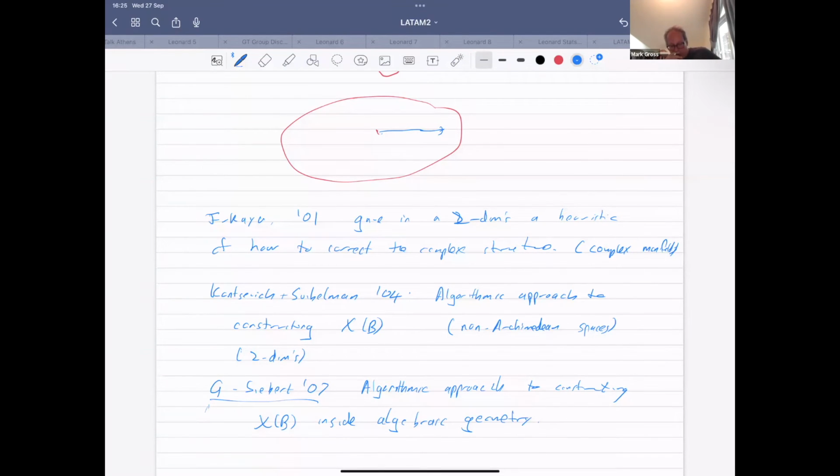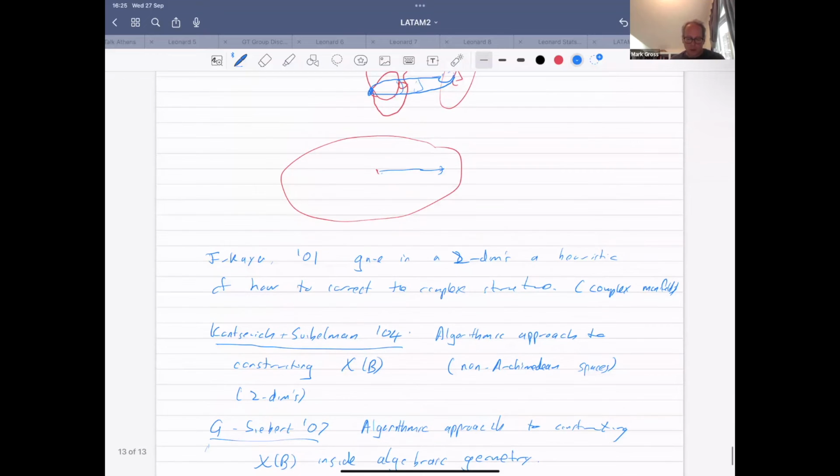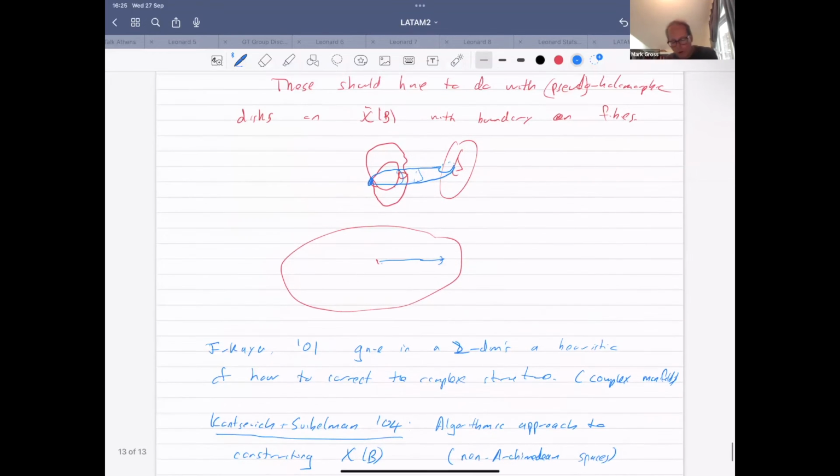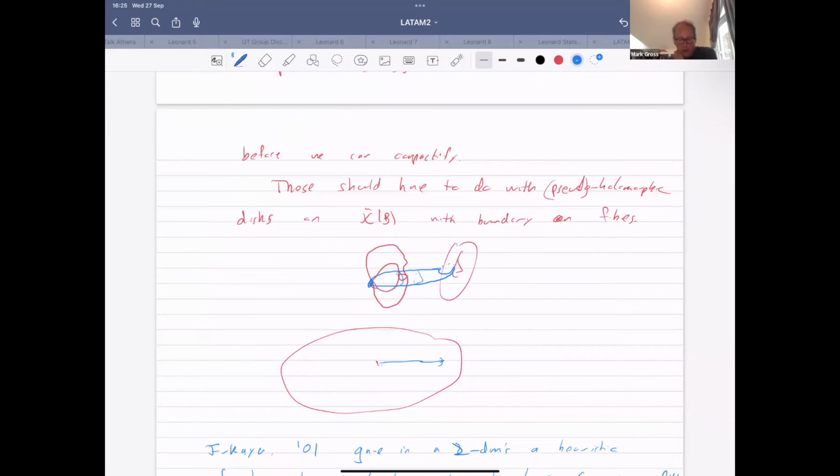Now, the one disadvantage of both of these is that it's not clear. There are things that look like corrections, instanton corrections, and I'm going to go into more detail of what that looks like, but we don't see how they correspond to holomorphic disks in the mirror.